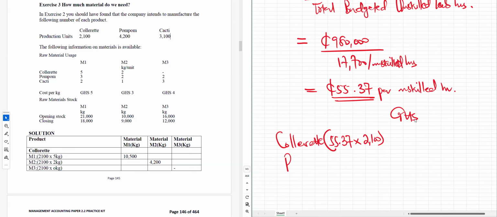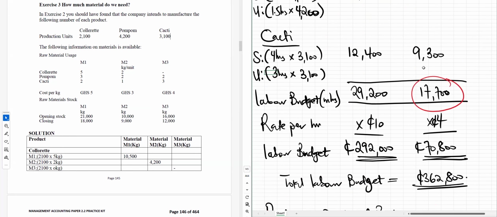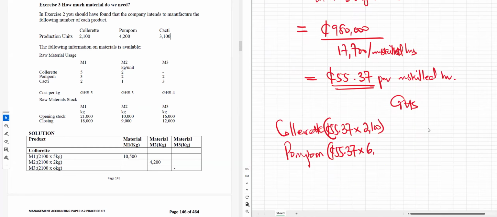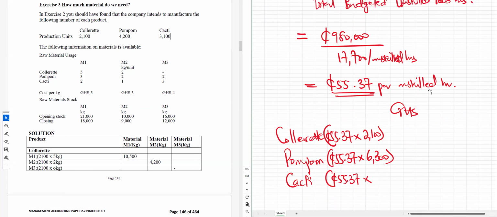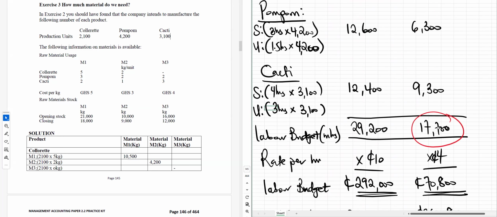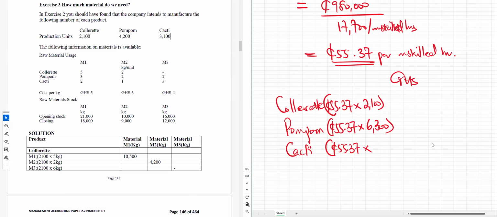Then for Pom-pom, because this is a rate, 55.37 by the unskilled hour for that product, which was 6.3. Then for Cacti, 55.37 by 9.3, right? So what do we get?